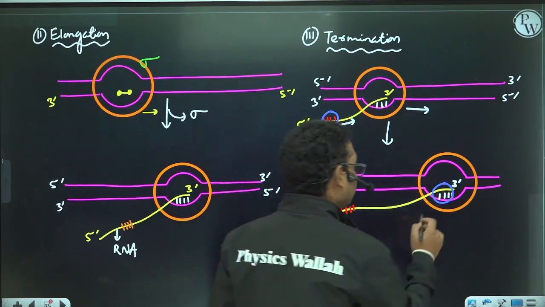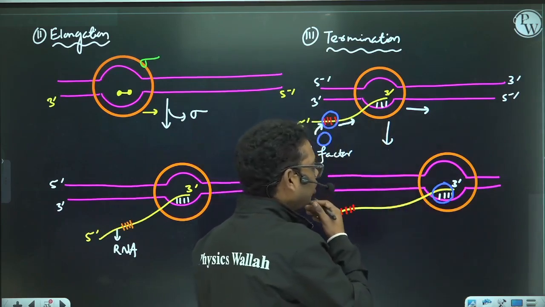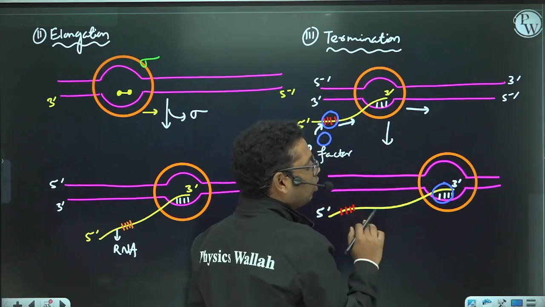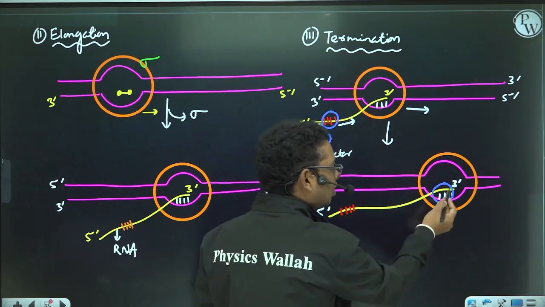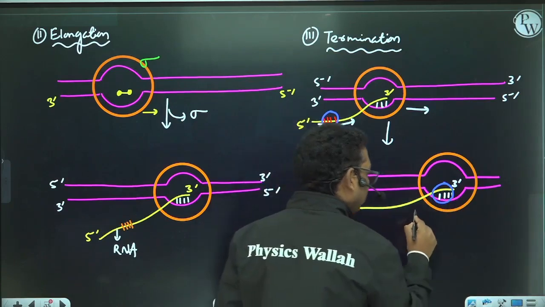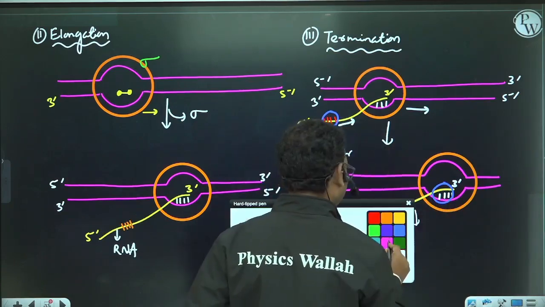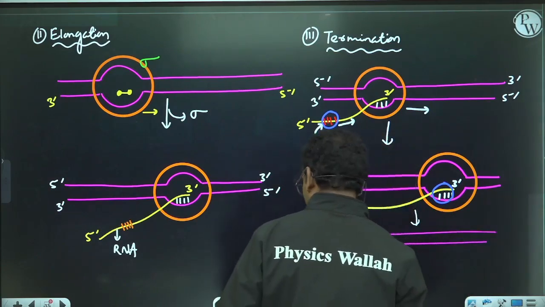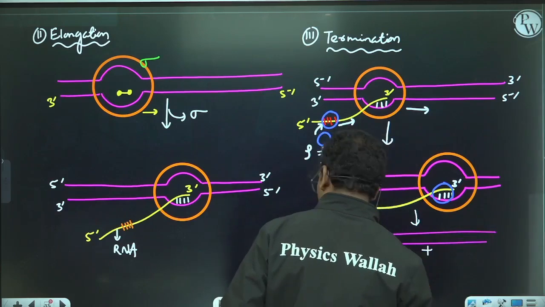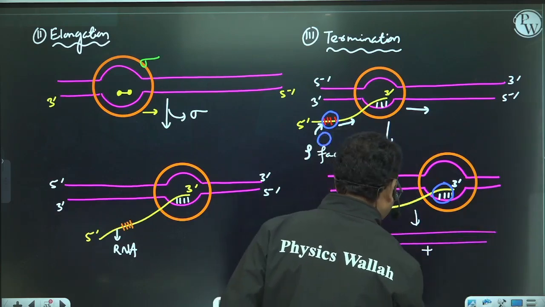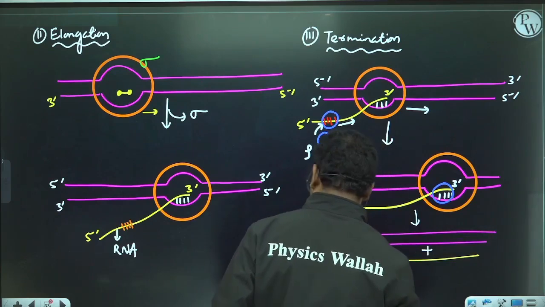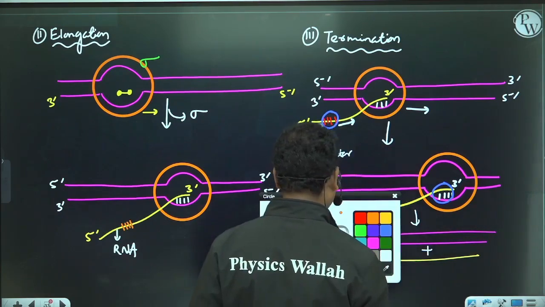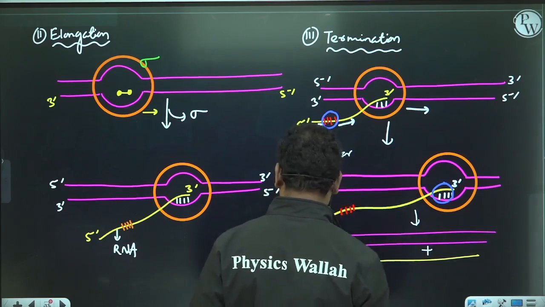So what is the function of the rho factor? It will go and bind to the transcription bubble, where it will break the hydrogen bonds present between this RNA molecule and this template strand. Ultimately I will get the double-stranded DNA molecule, plus the RNA molecule, and I will also get the RNA polymerase.